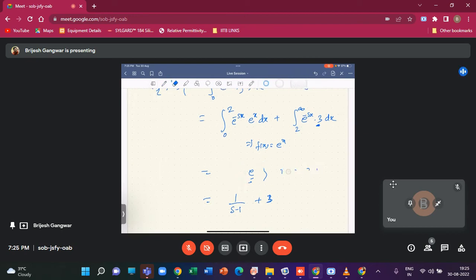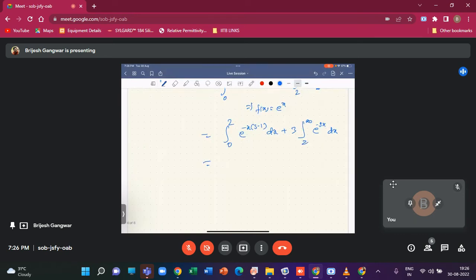You have to go with this definition. First part: 0 to 2, e to the power minus (s minus 1)x dx, plus 2 to infinity, 3 will be out, e to the power minus sx dx.